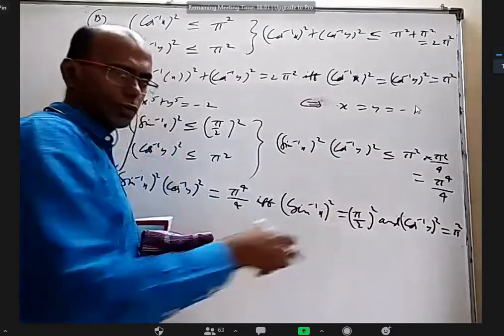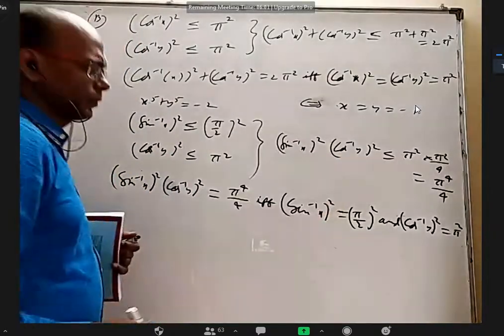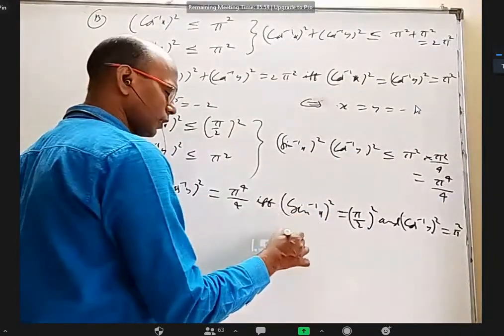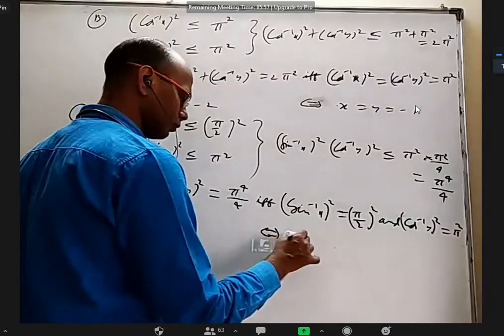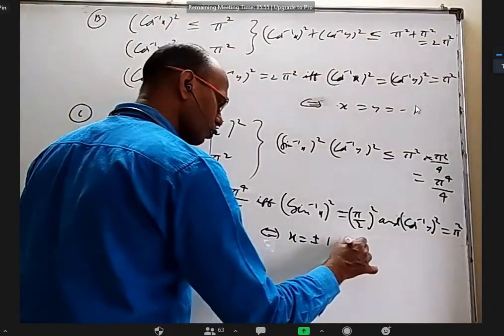This should attain its own maximum, and that should attain its own maximum. But here for x, two values will come: plus or minus 1. But for y, only minus 1.